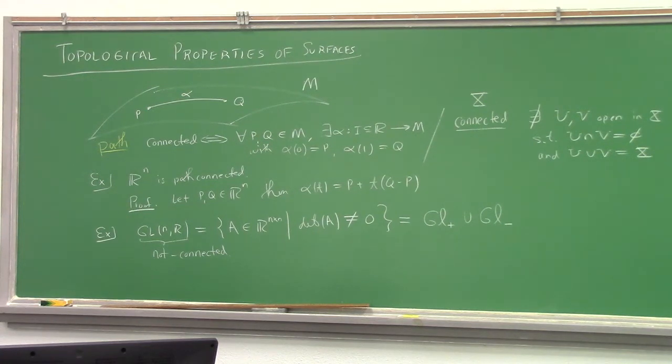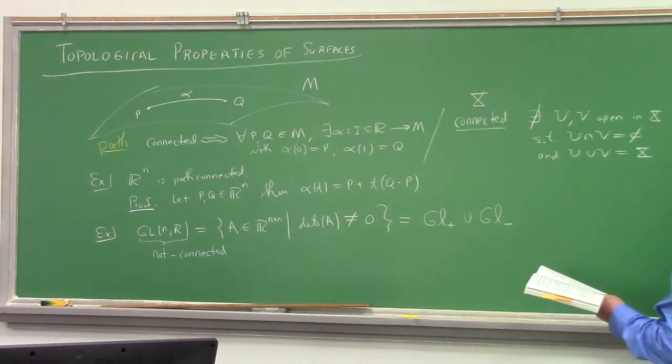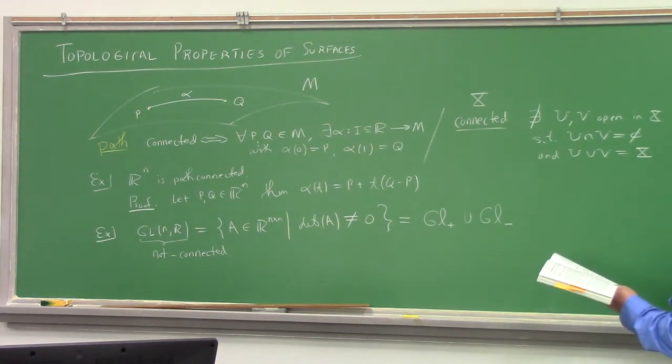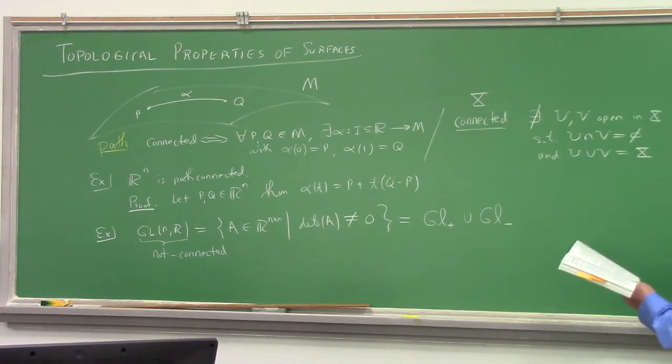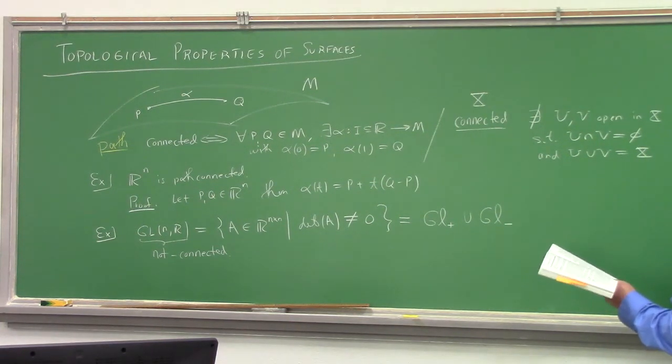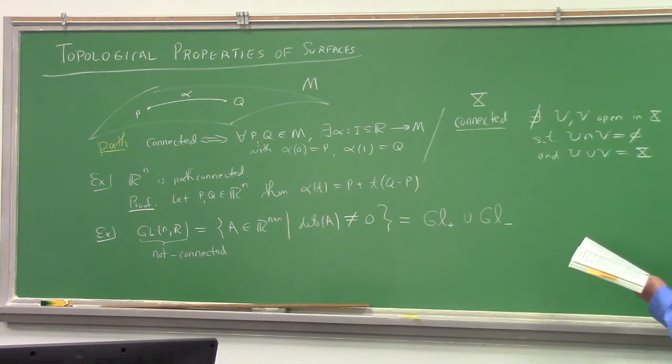So M compact would mean that every open covering of M contains a finite subcover, which is kind of a bit to digest.